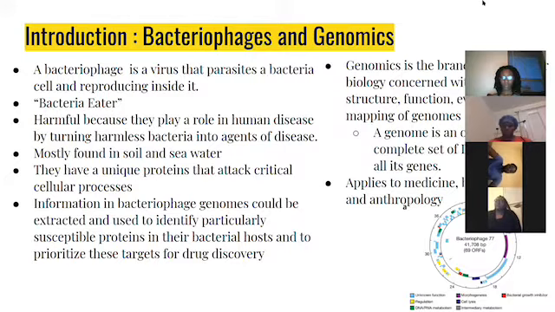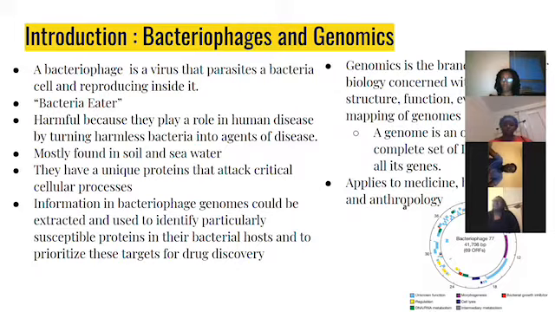Now we are going to discuss bacteriophages and genomics. A bacteriophage is a virus that parasitizes a cell and reproduces inside of it. They are harmful because they play a role in human disease by turning harmless bacteria into agents of disease. They have unique proteins that attack critical cellular processes. The information in the phage genomes could be extracted and used to identify certain proteins in their bacterial host and to prioritize these targets for drug discovery.